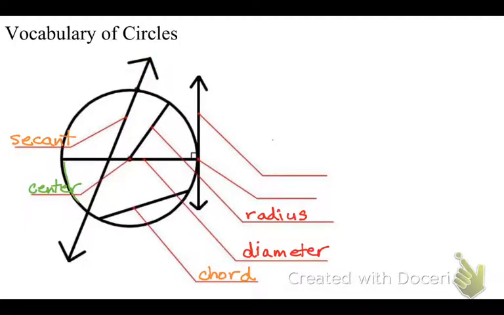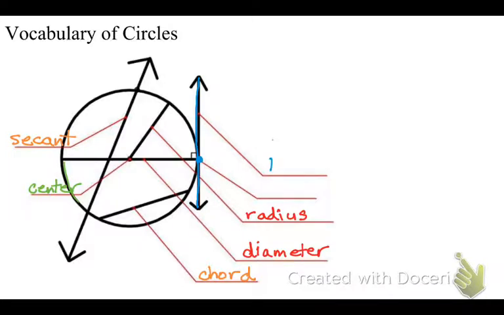Okay, let's get another color. So this line right here is on the outside of the circle, and it touches the circle in only one point. Because these lines have width, when we draw them on the computer or even with a pencil, it looks like it might touch in more than one point on the circle, but it's meant to only touch in one single very, very tiny point.